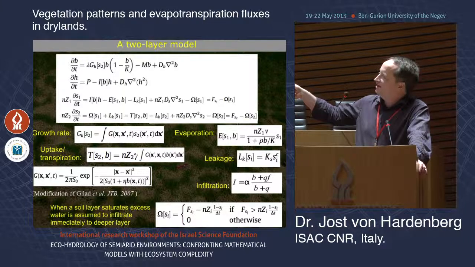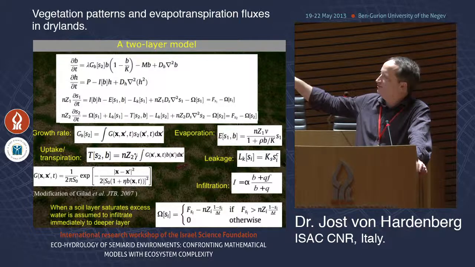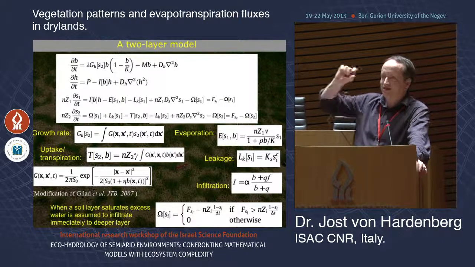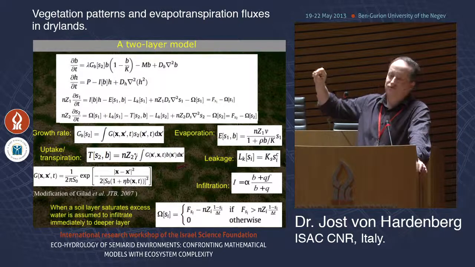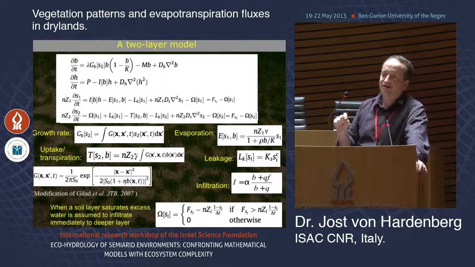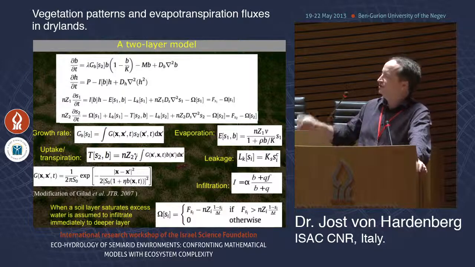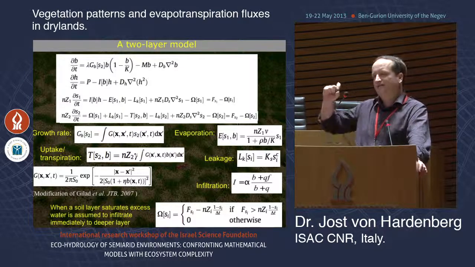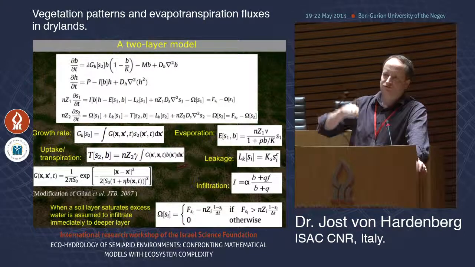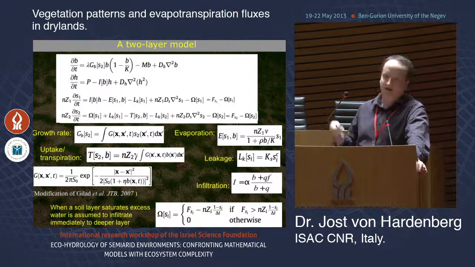The main point here is that infiltration is the same as before. The main point is that we have to control what happens with the top layer when that saturates. So there we chose to go to the time scale of the single rainfall event to check if the top layer saturates, and the excess water is then made to infiltrate to the lower level.